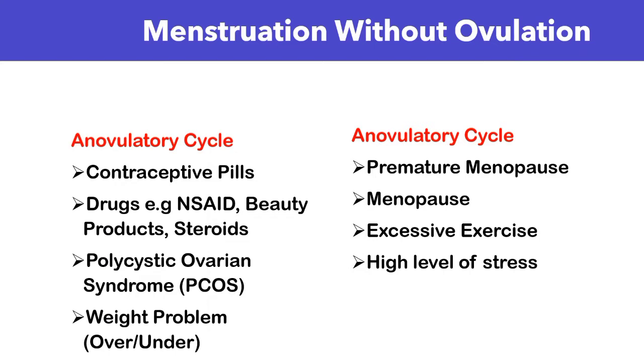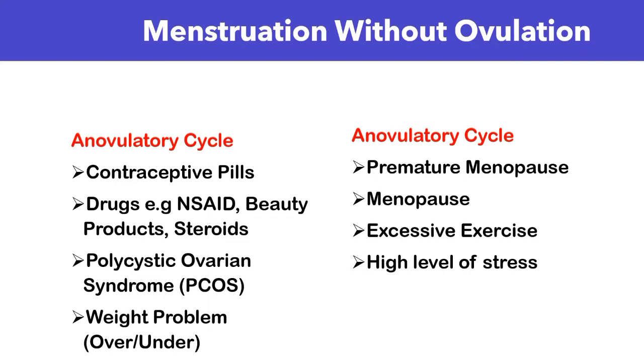Some of the known causes of anovulation include the use of contraceptive pills. Of course, if you desire to have pregnancy, you cannot be on contraceptive pills, because what a birth control pill does is to stop ovulation. Secondly, the use of certain drugs, for instance, the non-steroidal anti-inflammatory drugs, the ibuprofens, the felvins of this world that we use for pain, especially for joint pains and chronic pains, have the capacity to also inhibit ovulation.